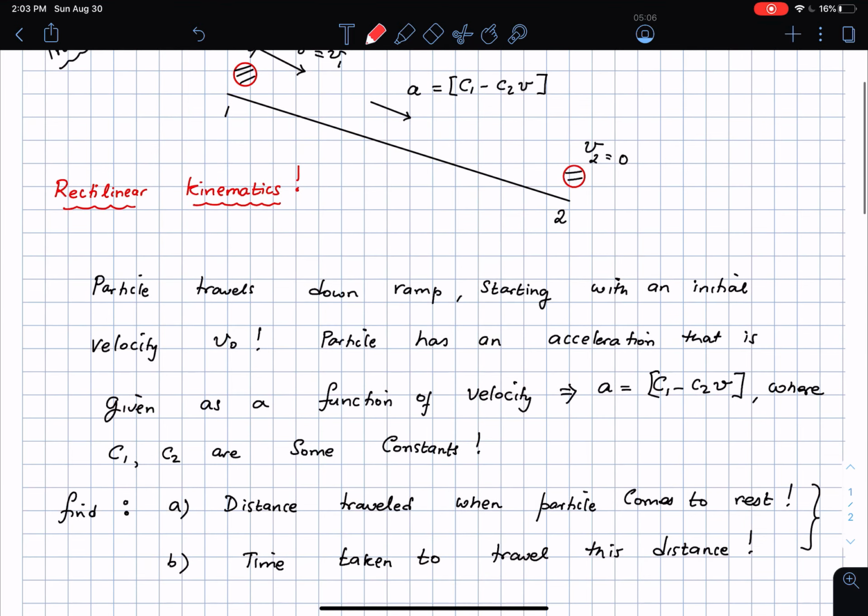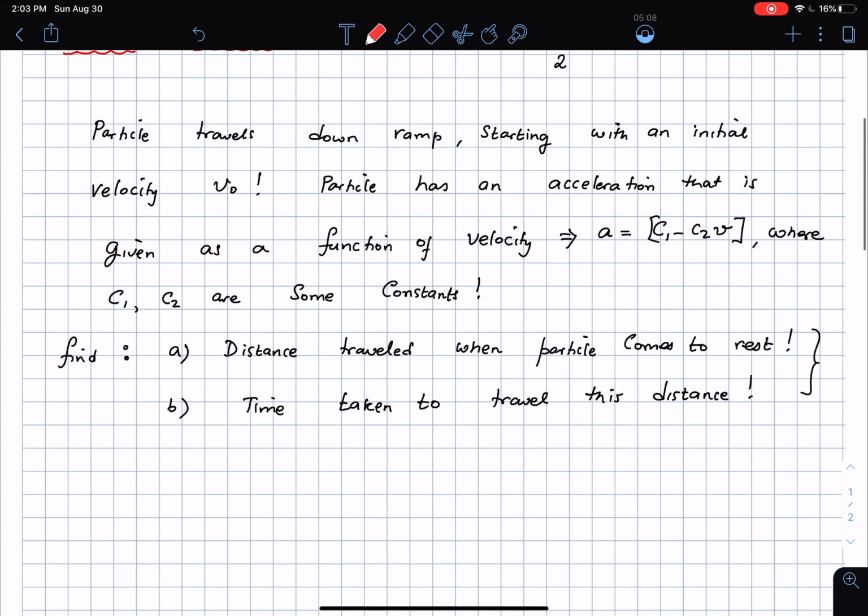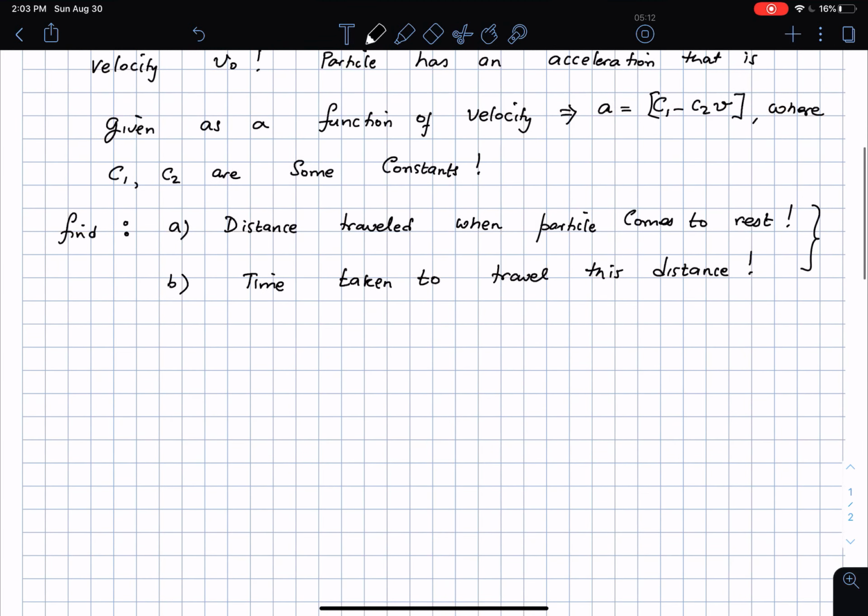So in terms of the solution, here is how I start this particular problem. Solution. We notice that this is rectilinear motion.